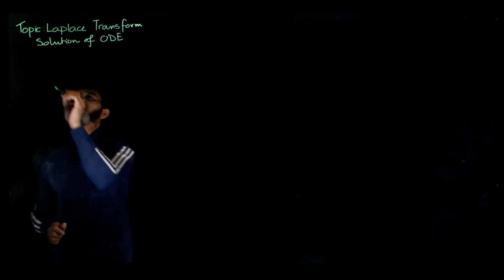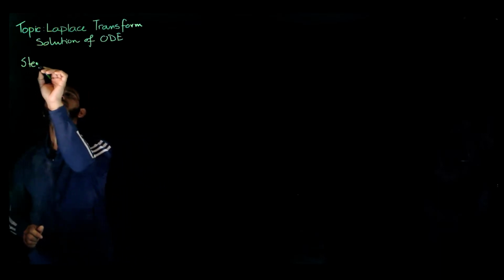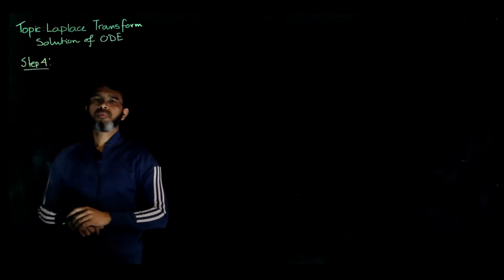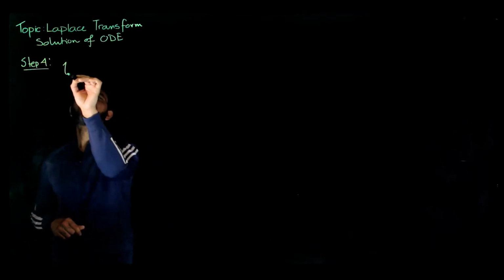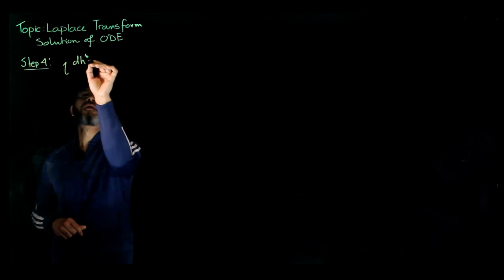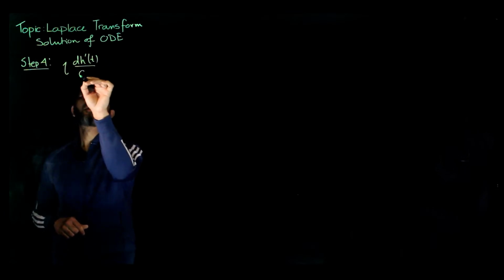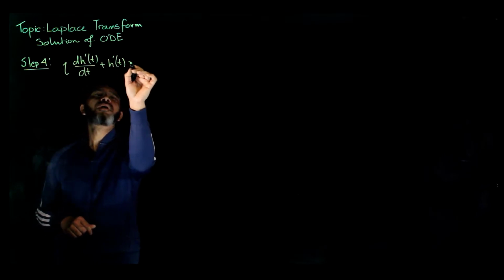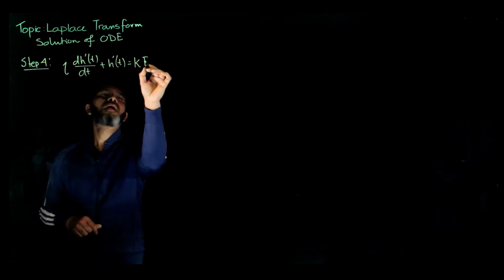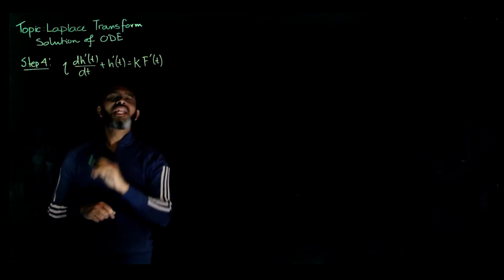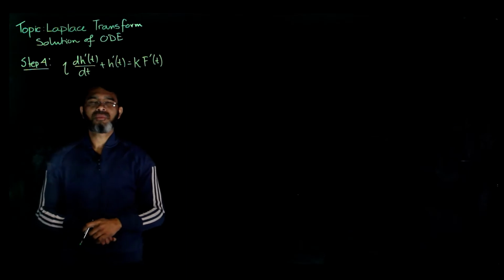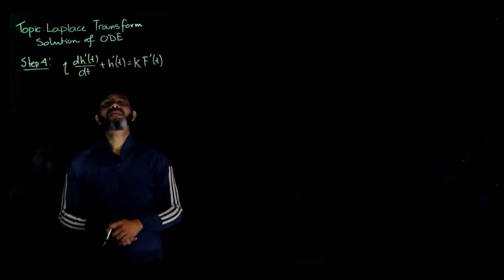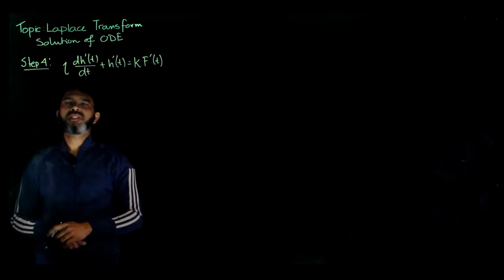If you recall, at the end of step 4, we came up with this differential equation as a linear ODE in terms of the deviational form of the variable. Now step 5 is the solution of this equation.